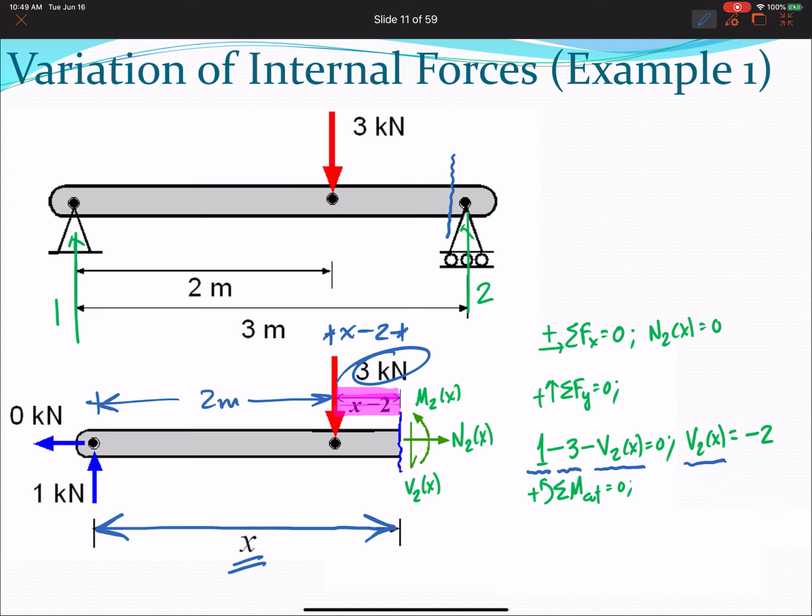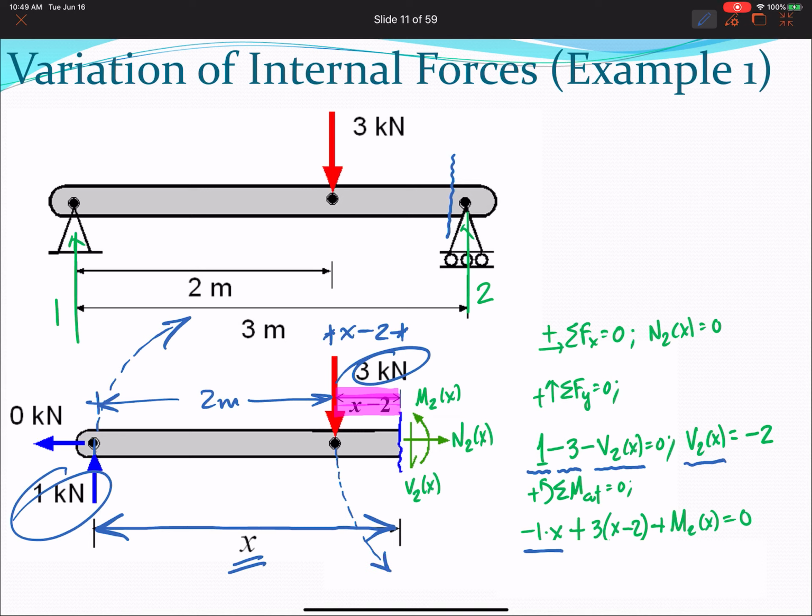What about the moment? Sum of moments at the cut equal to 0. Counterclockwise is positive, and I have now the moment caused by the reaction on the left-hand side times x, right? That's the distance to the cut, creates clockwise moment about the cut, so it's negative, minus 1 times x, plus the moment from this load of 3 that causes counterclockwise moment about the cut, so positive.